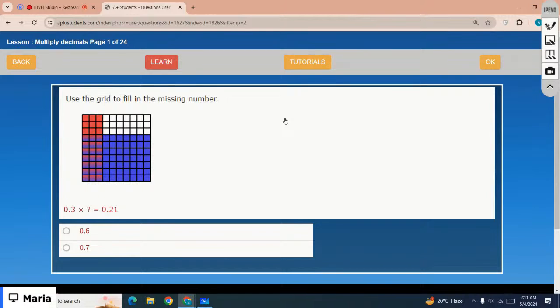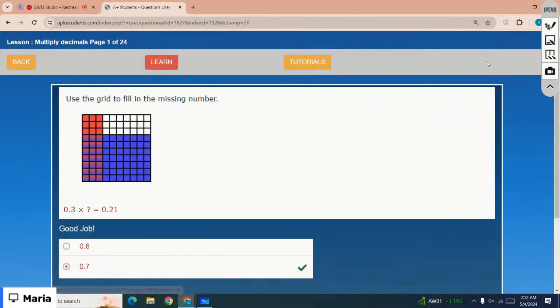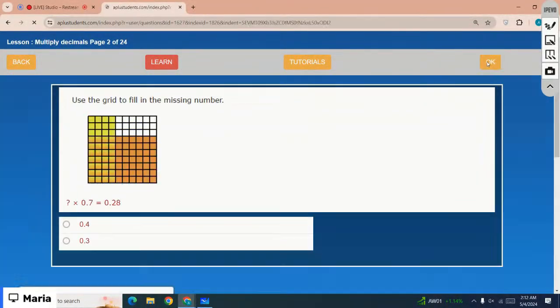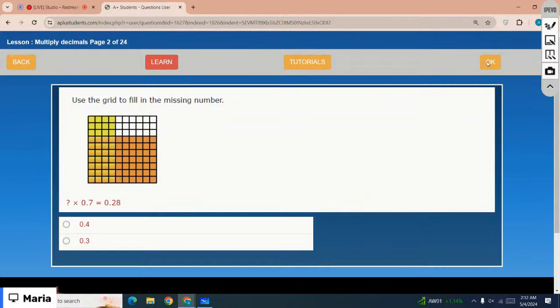The next one is use the grid to fill in the missing number. So which number is missing? Isn't it the same question we have just finished?